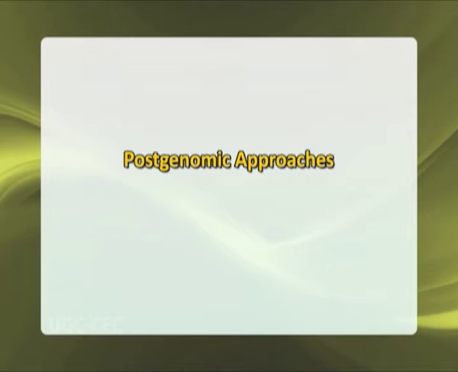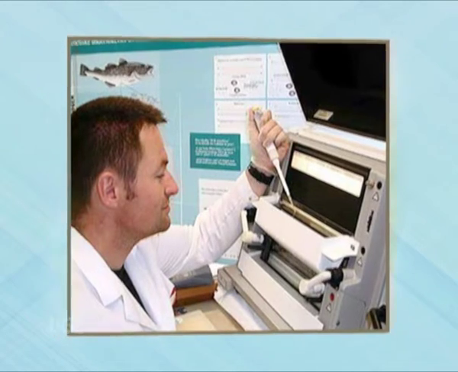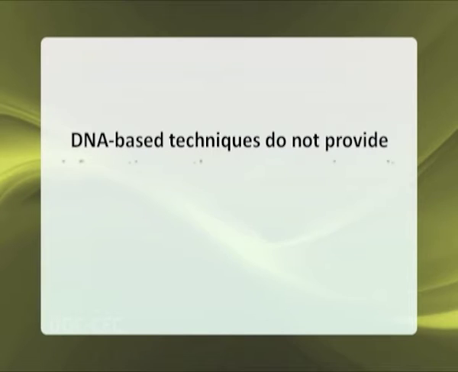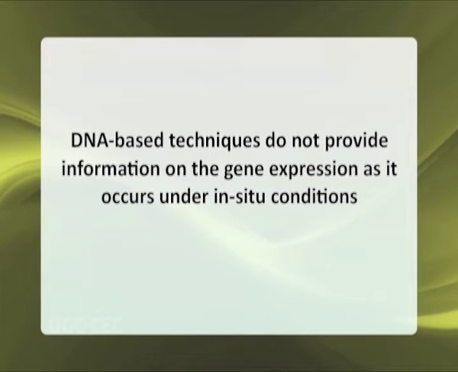Post-genomic approaches. The recent application of DNA-based molecular techniques such as metagenomics has revealed new insights into the phylogenetic and functional diversity of microbial communities. However, in the post-genomic era, the limitations of DNA-based molecular approaches have been realized. For example, DNA-based techniques do not provide information on the gene expression as it occurs under in situ conditions.